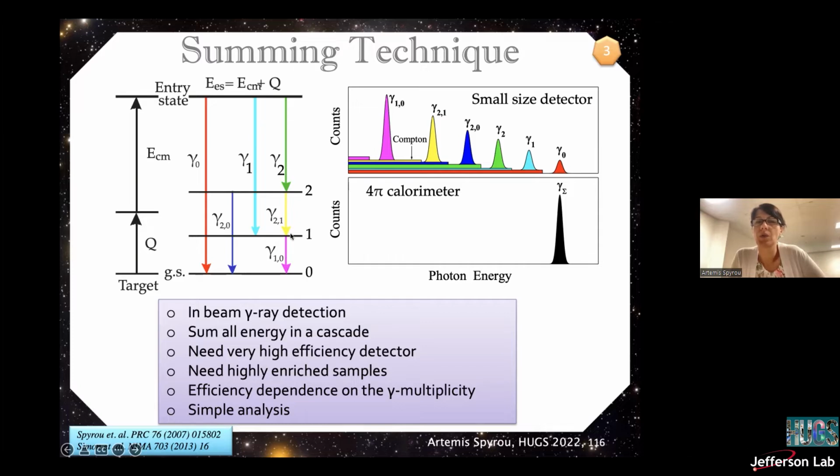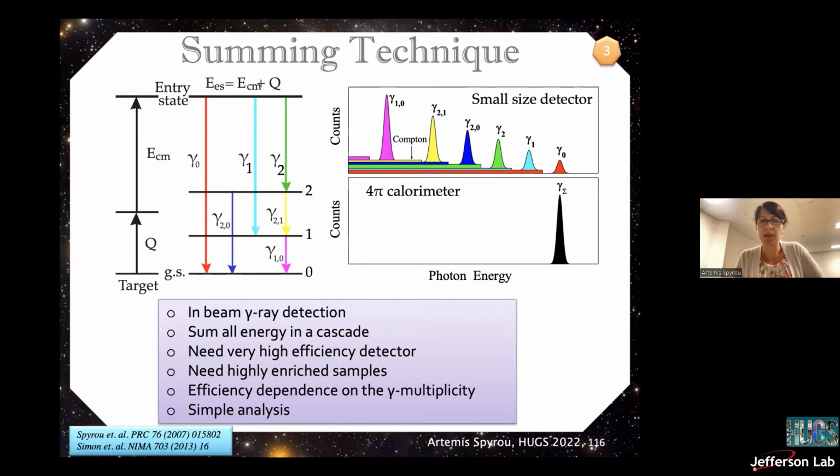And so you would sum them up. So in this kind of detector, you're not necessarily looking for the full energy of the gamma 1, 0 and the gamma 2 and saying, okay, there's a peak at gamma 1, 0, there's another peak at gamma 2, sum them up.